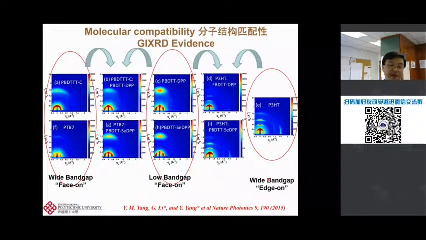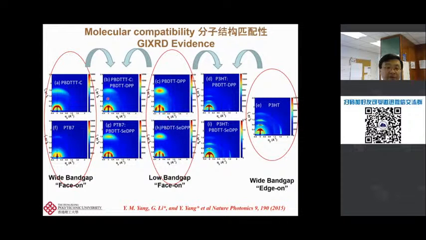And what happens? This is from the grazing incidence XRD evidence. Here we have P3HT, the wider band gap, and this mid band gap PTB type. The top one and the bottom one are just good but not best, and this is the best one. We see that with face-on plus edge-on orientation, we cannot find the face-on orientation anymore, which tells us this low band gap polymer's packing was severely destroyed.